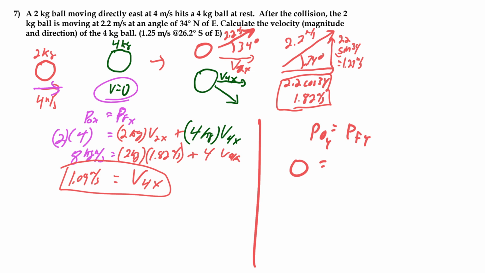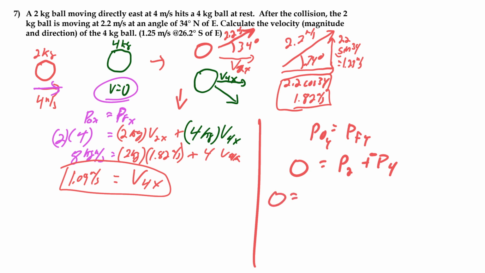Okay, but there is momentum afterwards. So we have the momentum of ball 2 plus momentum of ball 4. Now how's that possible? Well, ball 4 must have a negative momentum. So ball 4, in other words, must be moving downwards, which is what we can see.